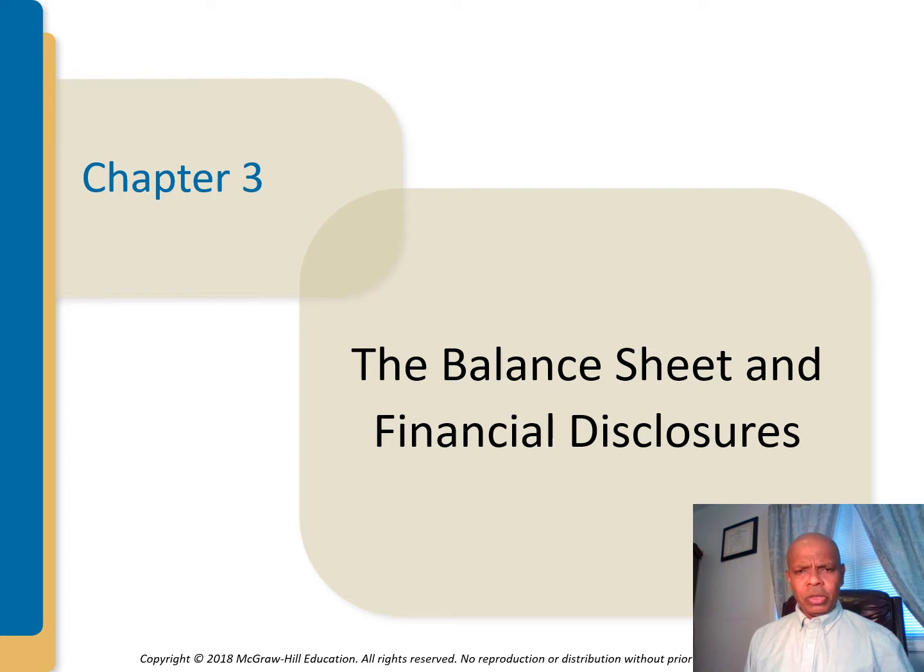This chapter, we're going to go over the balance sheet and financial disclosures. Now, we did discuss a lot of the things we're going to see in this chapter in the previous chapter too, because in the previous chapter 2, we discussed financial statements, which include the balance sheet.